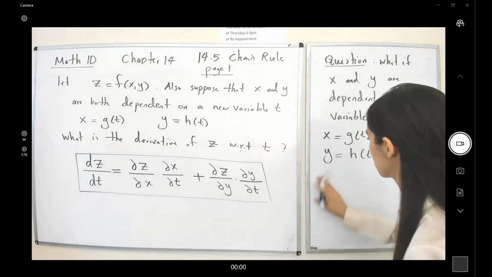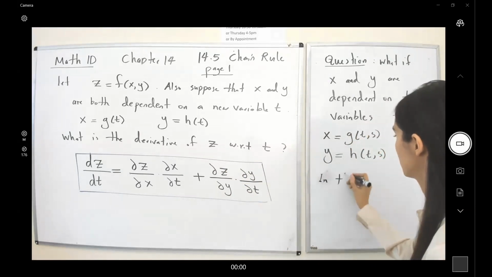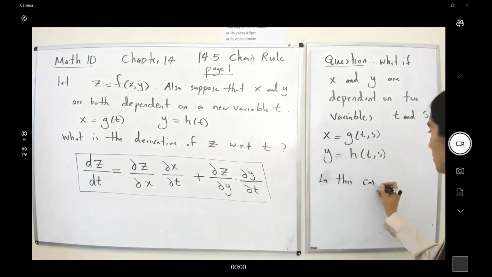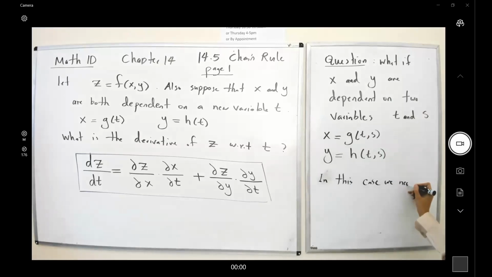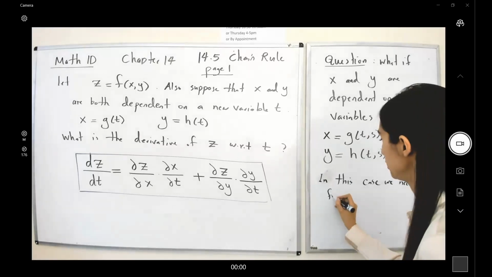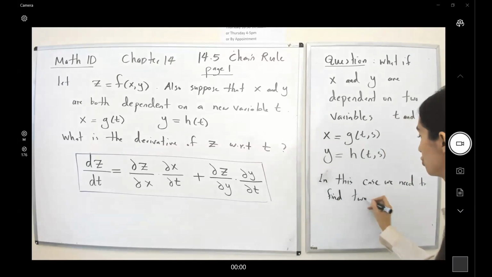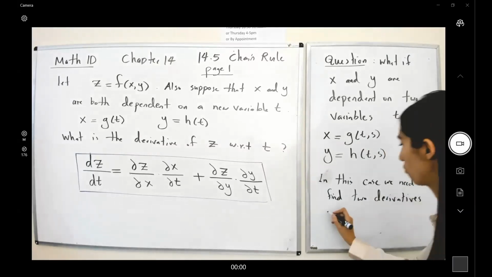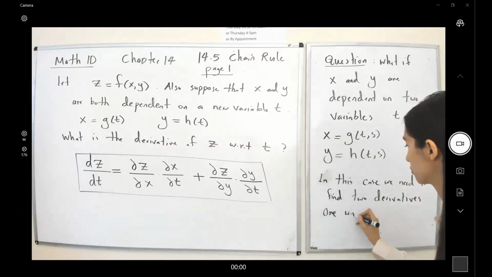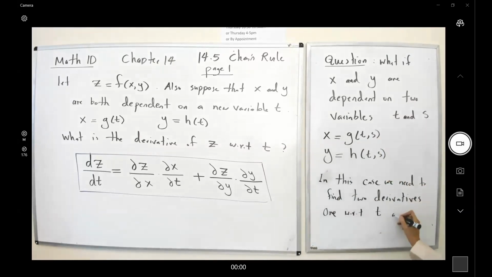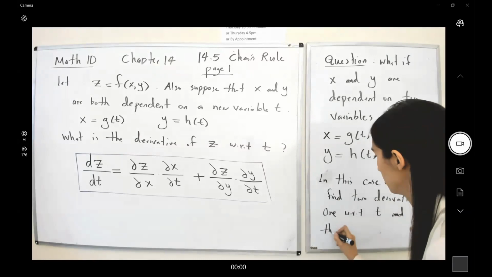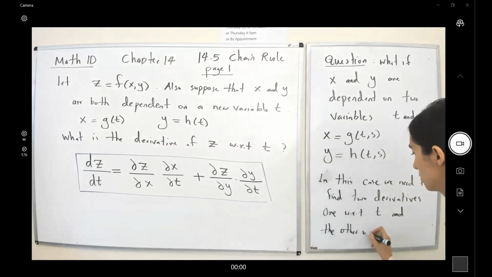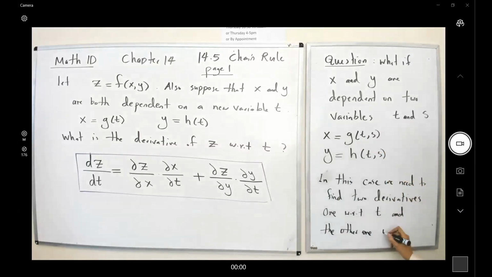In this case, we need to find two derivatives. One with respect to t and the other one with respect to s.